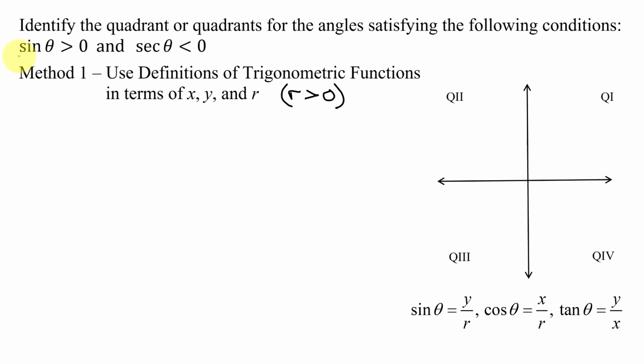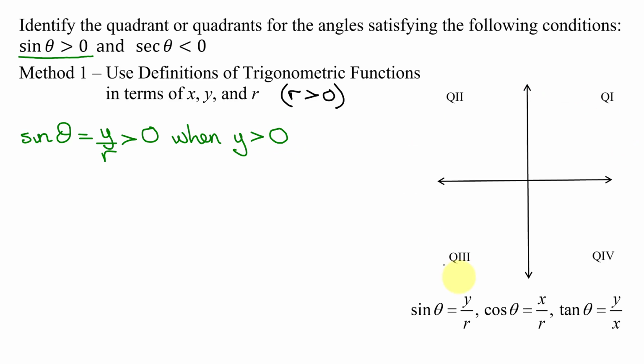So looking at our first condition, I know the sine of theta, which equals y over r, is greater than 0 or positive. Since r is always positive, this expression can only be positive when y is greater than 0.